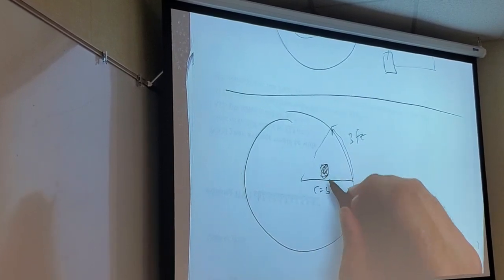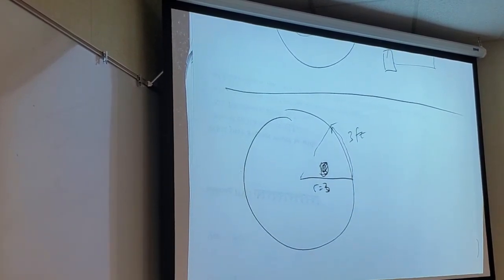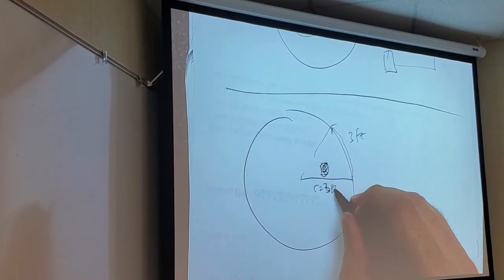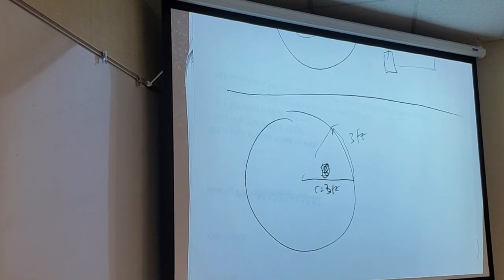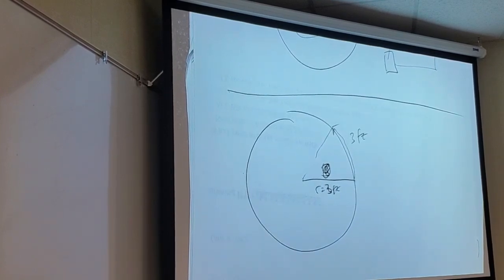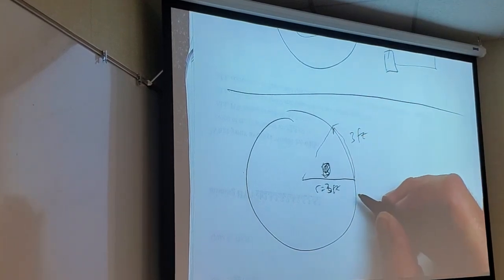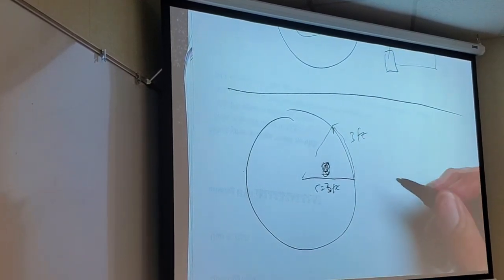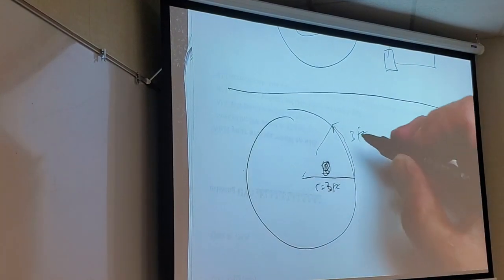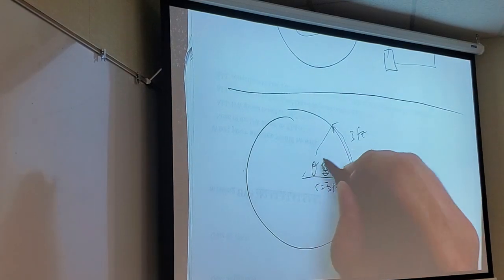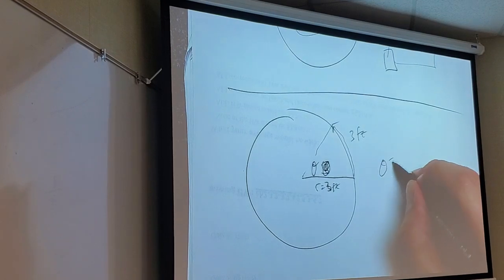We put it down here. 3 what? Oh, sorry, 3 feet. What's the angle in radians? 1. 1 radian. Is everybody cool with that? So the angle, if I put theta there, would be 1 radian.